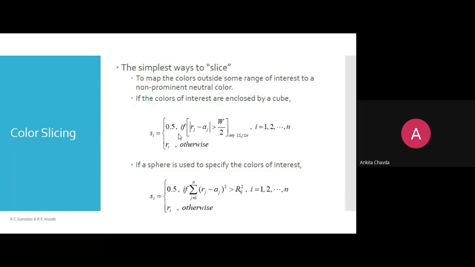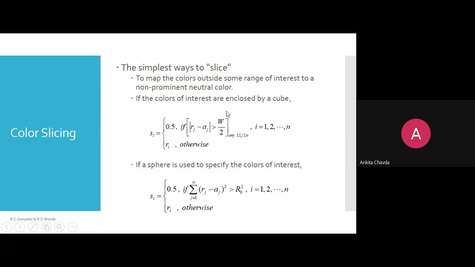So the simplest way to slice, to map the colors outside some range of interest to a known prominent neutral color, is if the colors of interest are enclosed by a cube. Here, whatever intensity you have in your output image is known as S. The input intensity is your R. You are taking some value A, which are constant values, whatever you are interested in, and you are defining the width.